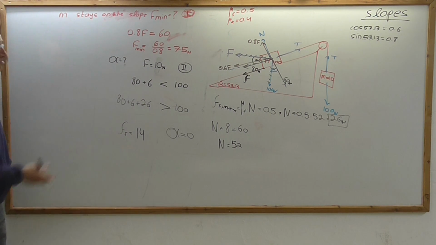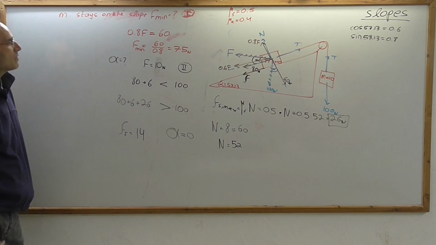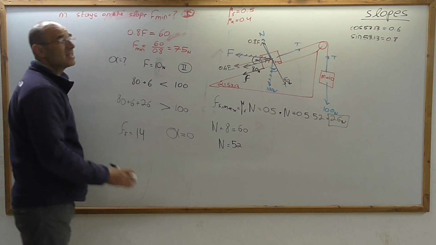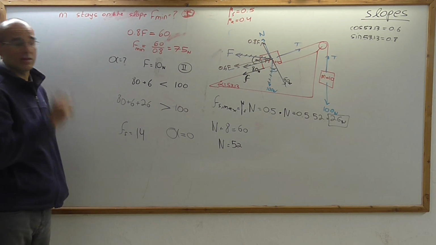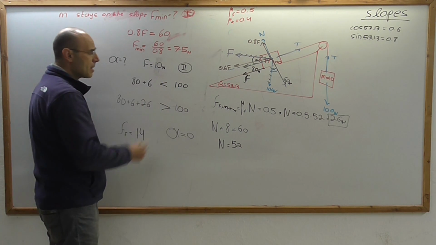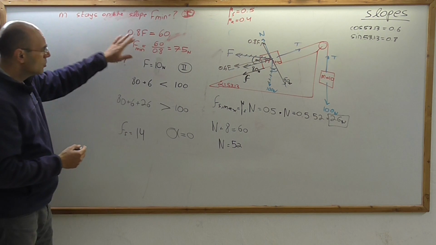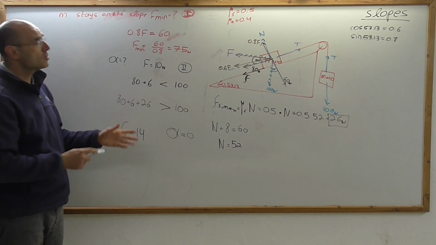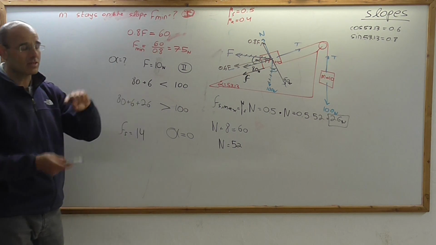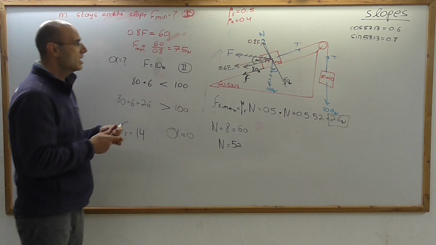So now I know what happens when F equals 10. What happens if F equals another number? I have to again do all this checking. First of all the tendency, then to put the friction, and then to see if it overcomes the friction.